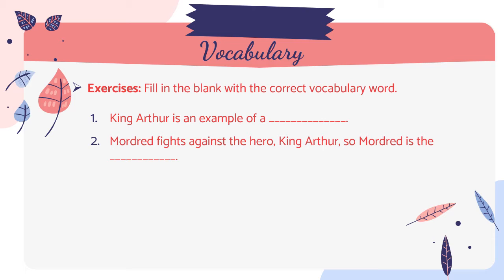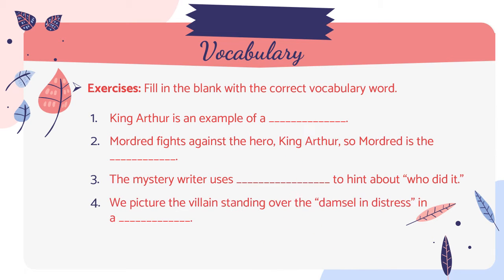Mordred fights against the hero, King Arthur, so Mordred is the what? The mystery writer uses blank to hint about who did it. We picture the villain standing over the damsel in distress in a blank.